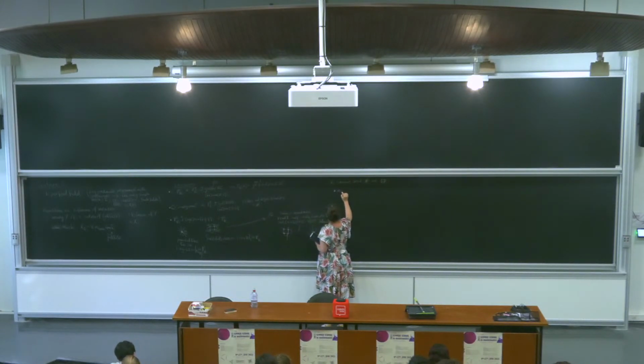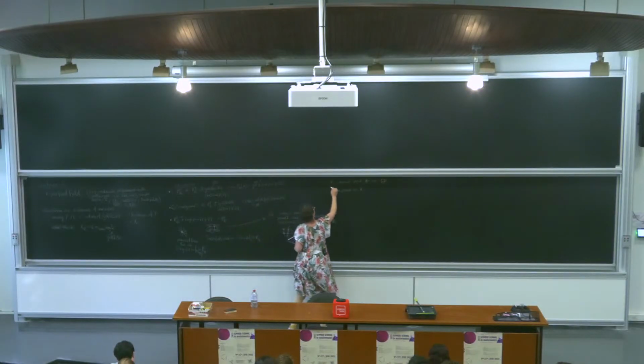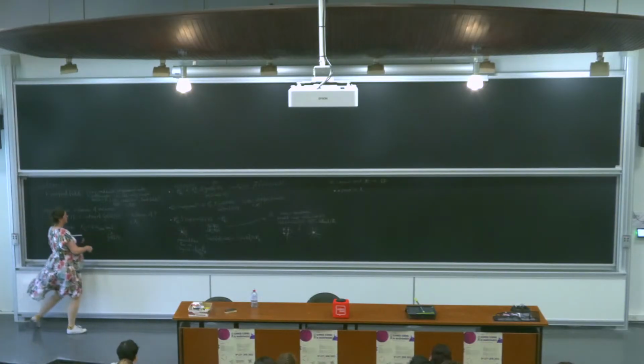So a point in our X, so X maybe was our k-variety.